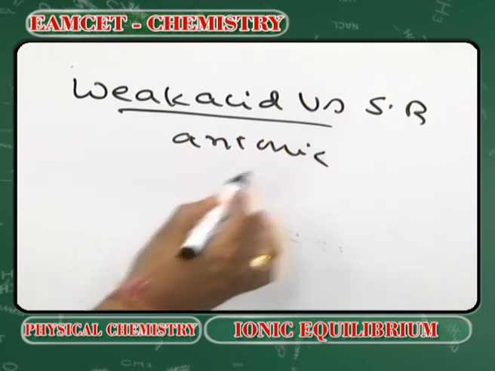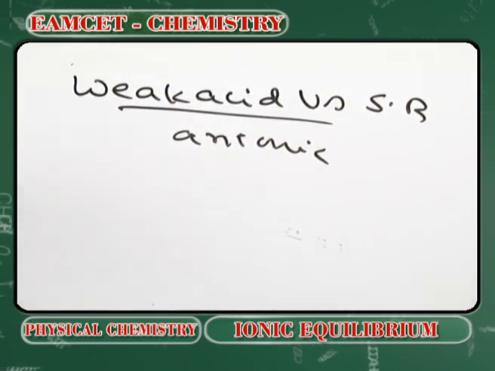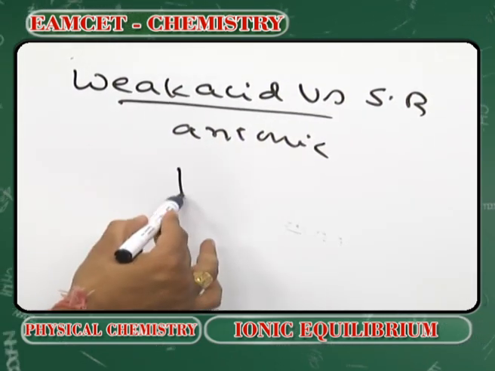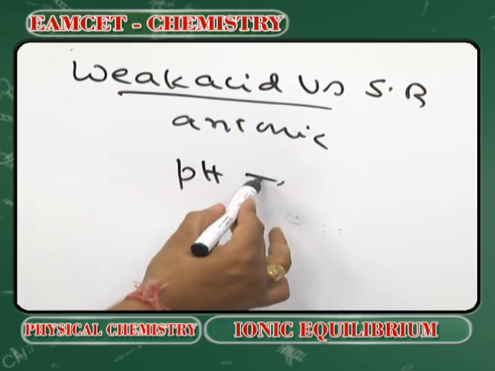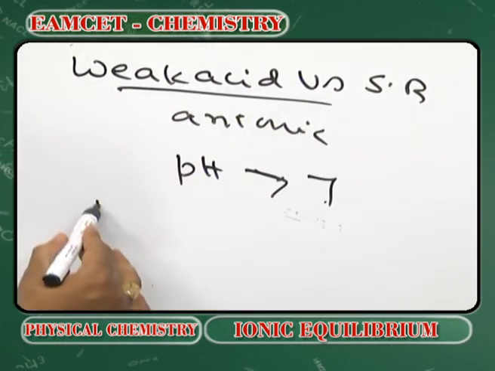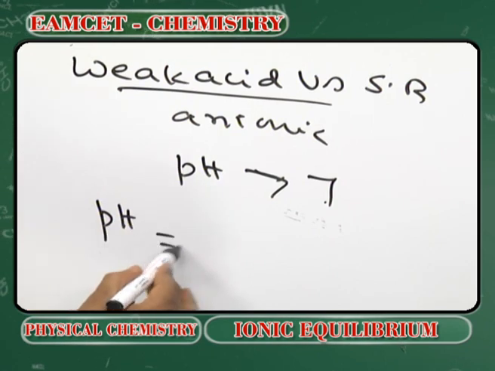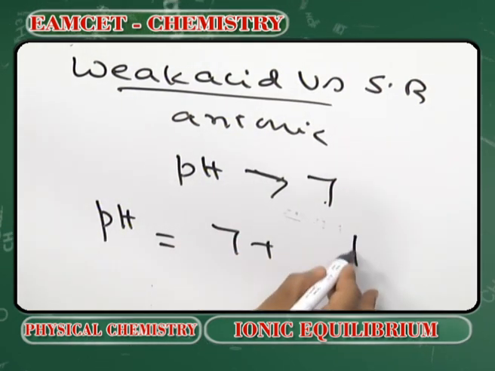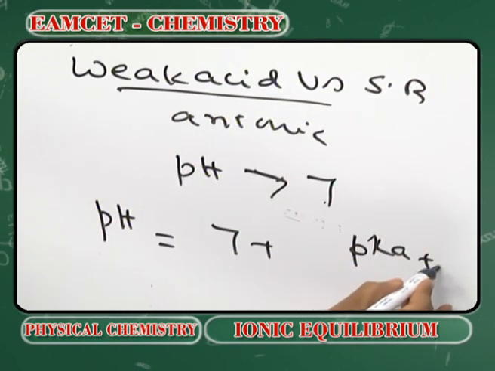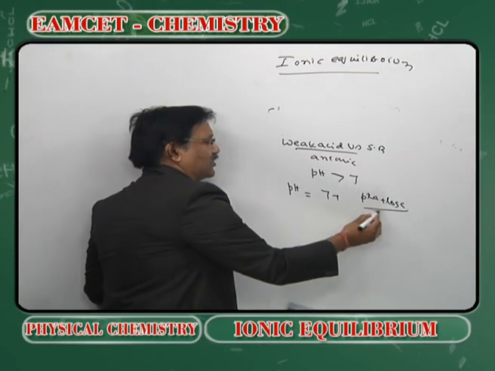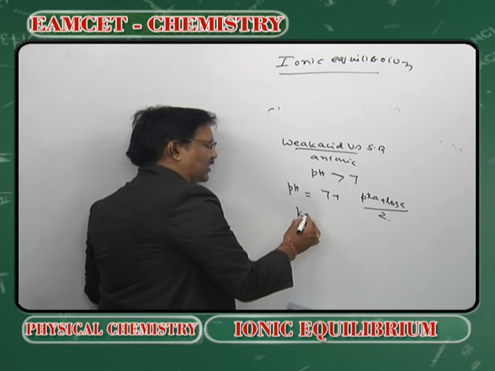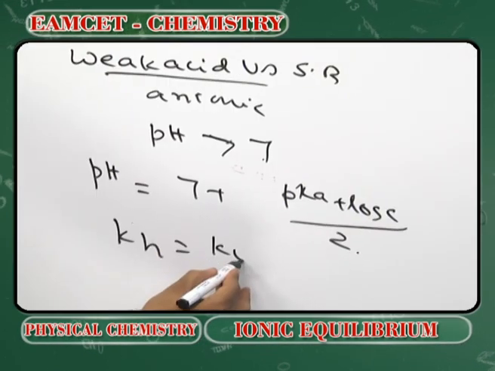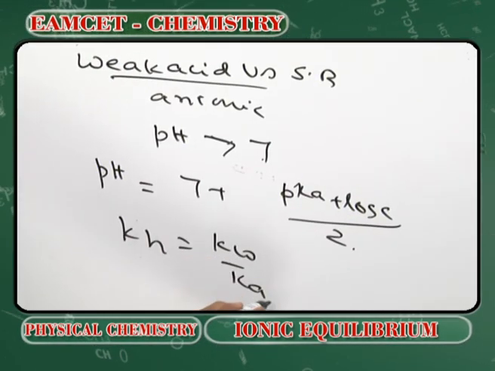For them, the nature of the solution will be alkaline, pH value will be greater than 7, and pH of such salts is given by the relation 7 plus pKa plus log C by 2. What is the Kh value for this? Kw by Ka.